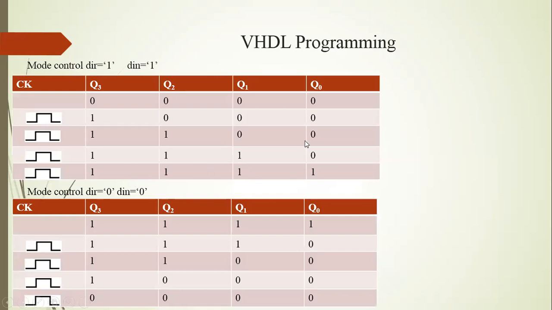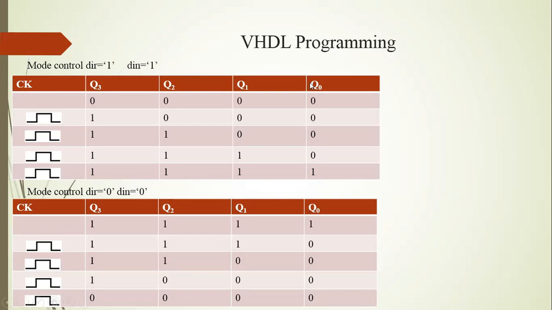Here in this VHDL program for the second experiment, the 4-bit bidirectional shift register is in behavioral modeling style. Behavioral modeling style means you know the behavior of the 4-bit bidirectional shift register, then you write the VHDL program for it.